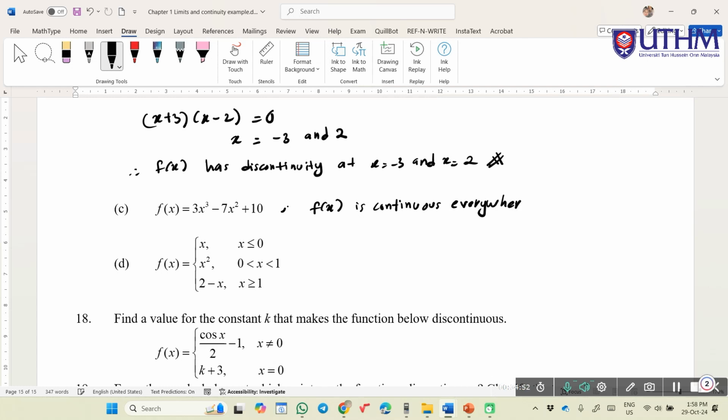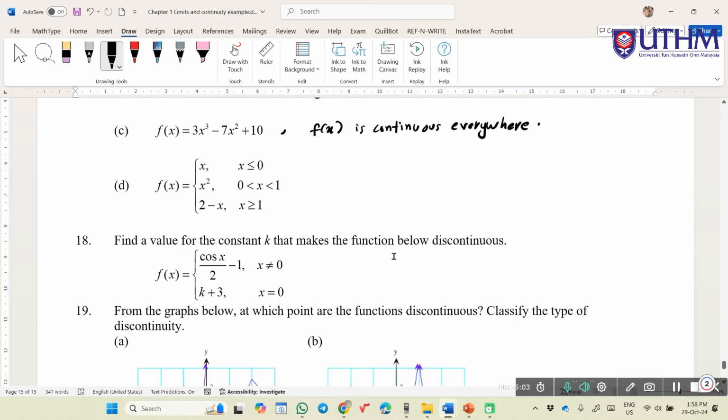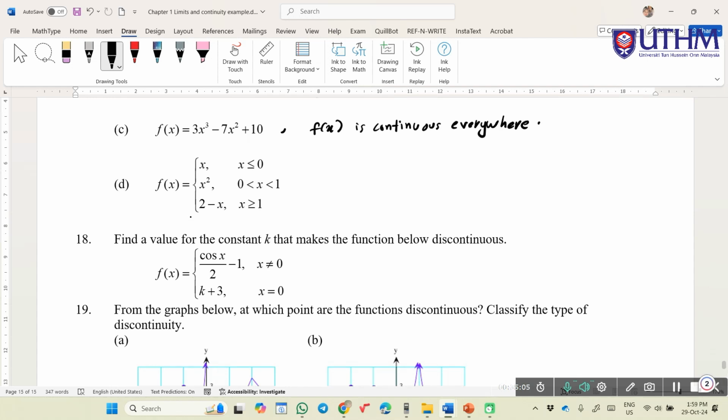That means f(x) does not have a discontinuity point. So you can try example D. I will give the answer. Let me check. For example D, f(x) is also continuous everywhere, I think.